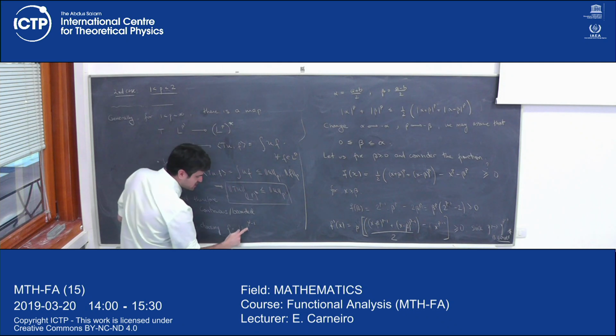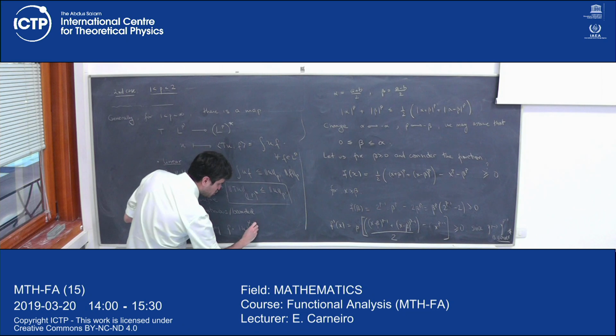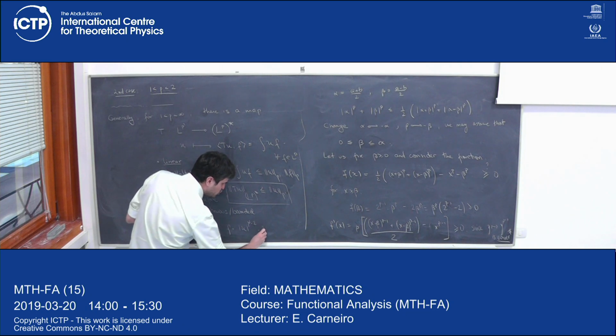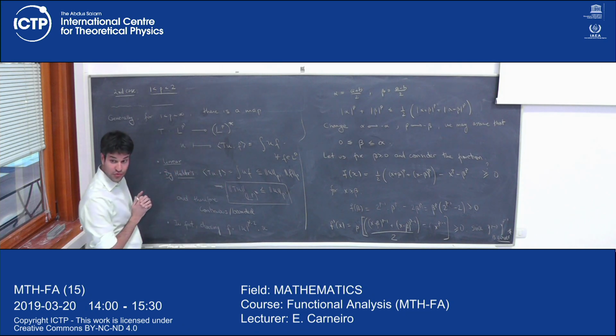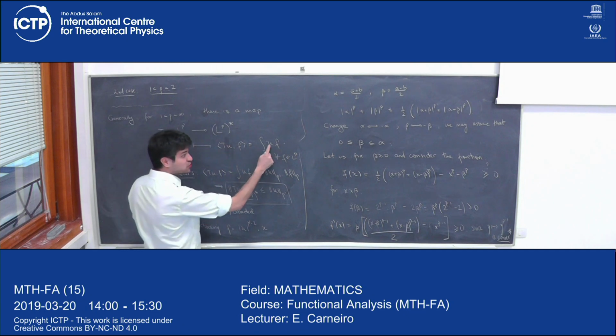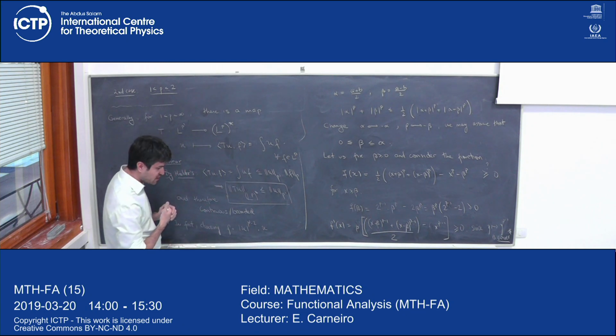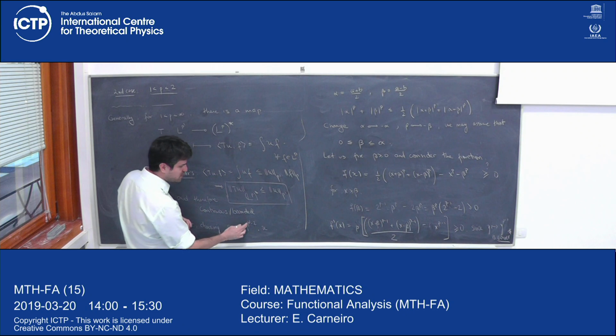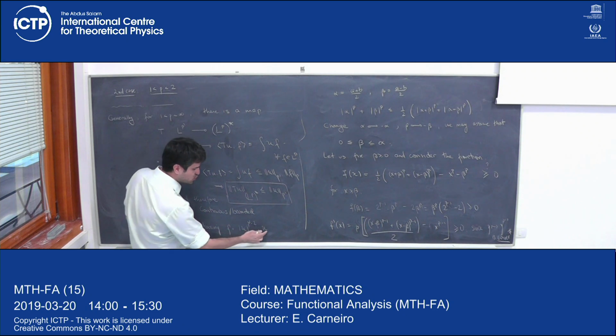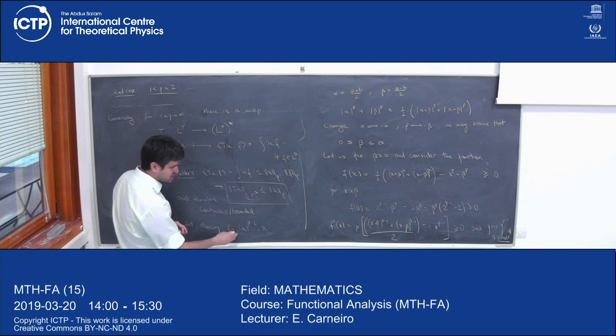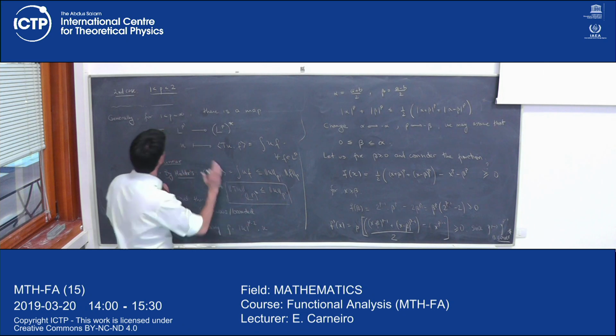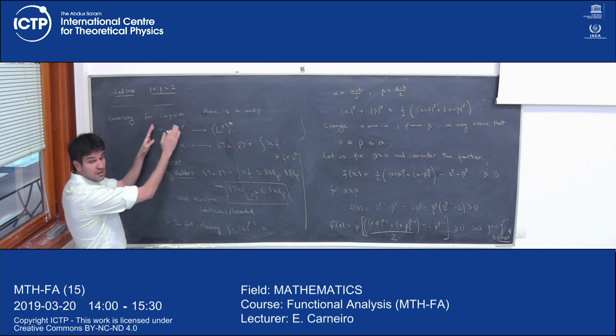So what I want is |u| to the p prime minus 2 times u, just to make sure that I have a u squared here, which is non-negative. Of course, p prime minus 2 might be below 2. I don't care.